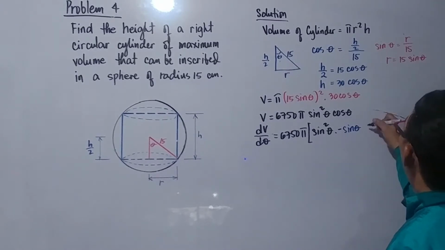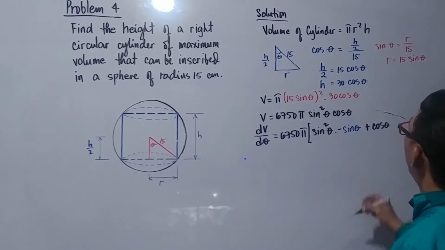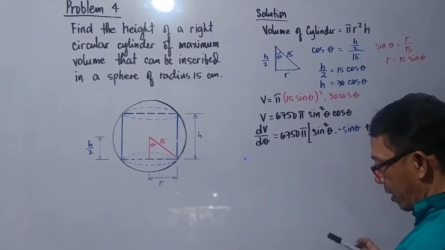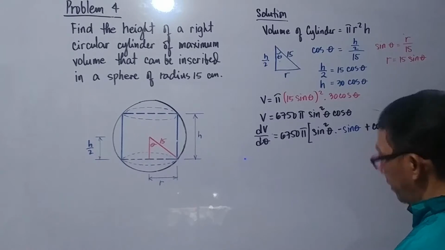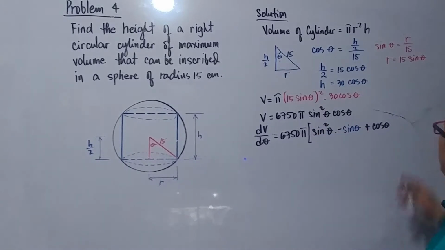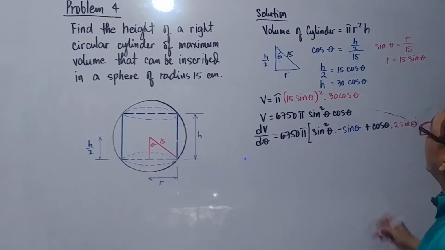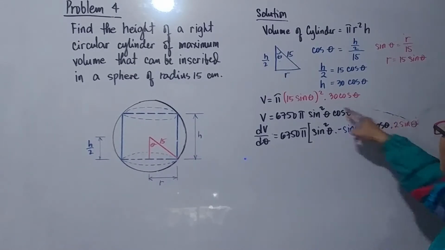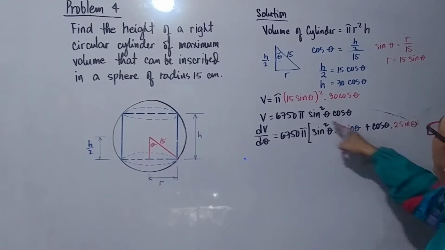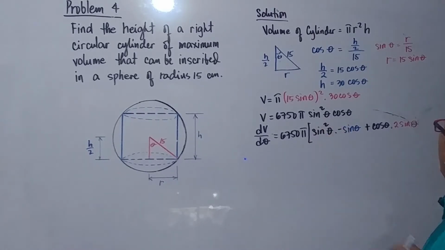Next, plus, differentiate the first. As you notice, we have this power, so we have now times 2 sine theta. So, 2 minus 1 is 1. Then, differentiate sine theta, and that is cosine.